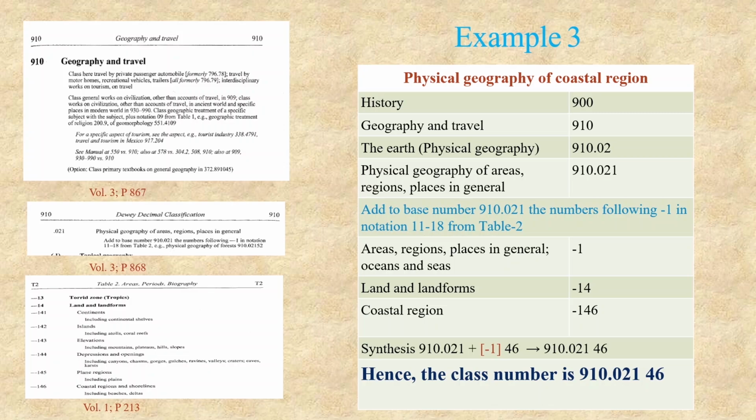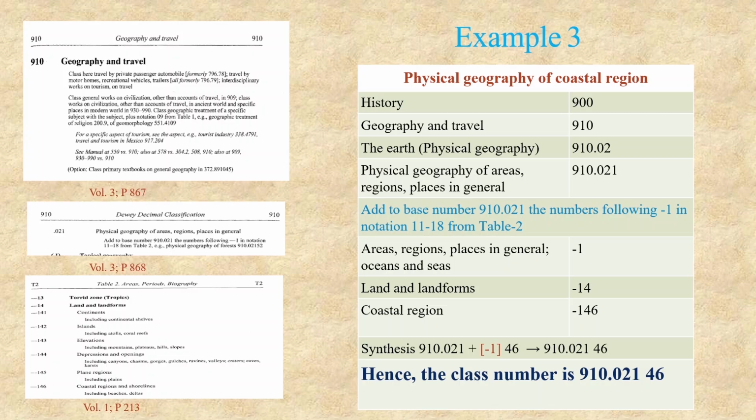Step 2: check for the available ready-made class number. According to DDC volume 3, page 867, physical geography of areas, regions, places in general falls under 910.021. Hence, there is an instruction: add to base number 910.021 the number following -1 in notation 11-18 from Table 2.